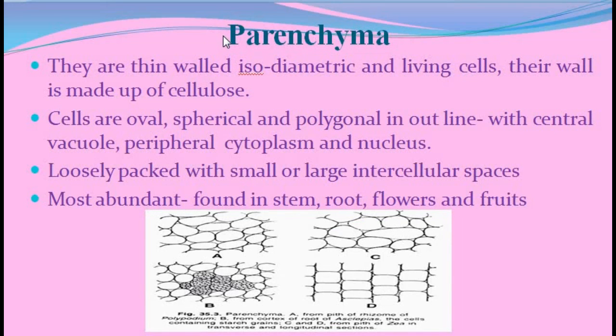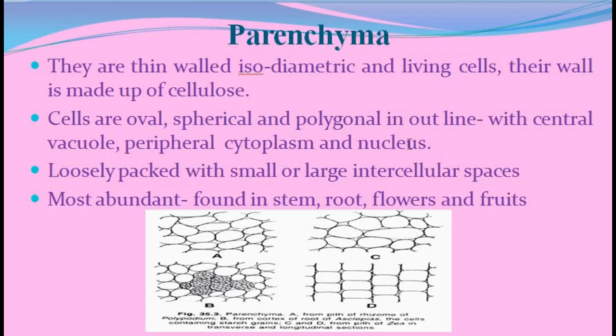Let me explain the parenchyma structure and function in detail. Parenchyma are thin-walled, isodiametric living cells. Their cell wall is made up of cellulose. Cells are oval in shape, either spherical or polygonal or rectangular in shape, with central vacuole, peripheral cytoplasm and nucleus.